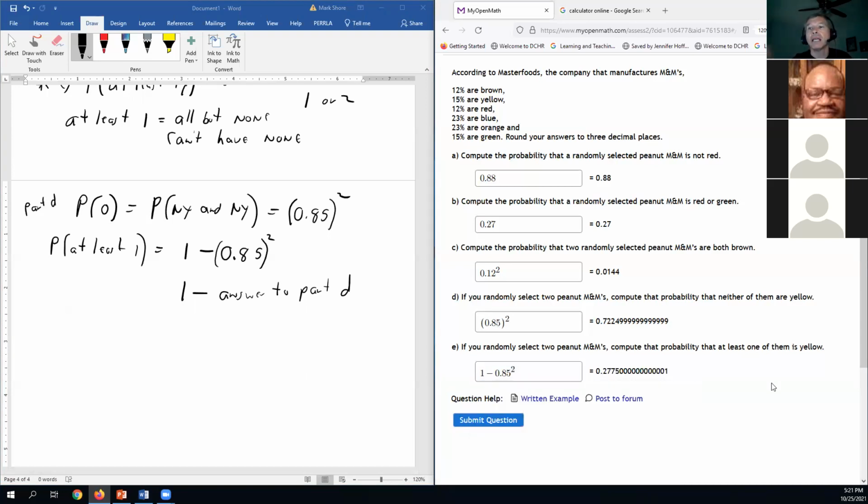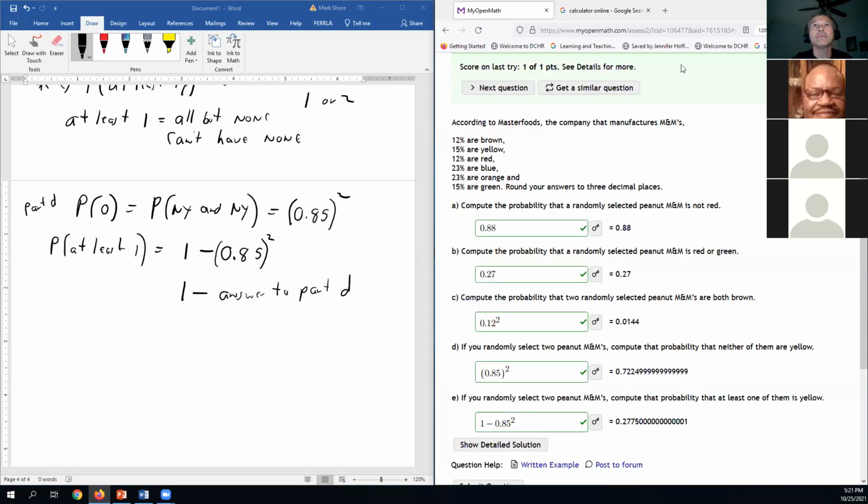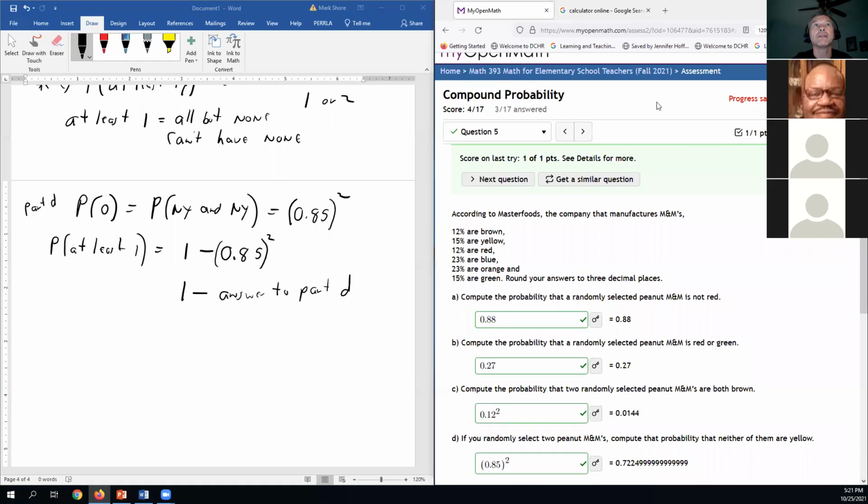The reason is because at least 1 means 1 or more. So if we get the probability of none, then we just do 1 minus that. That's it. So that's how you do that problem. I know it's a weird one, especially the last part's kind of tough.